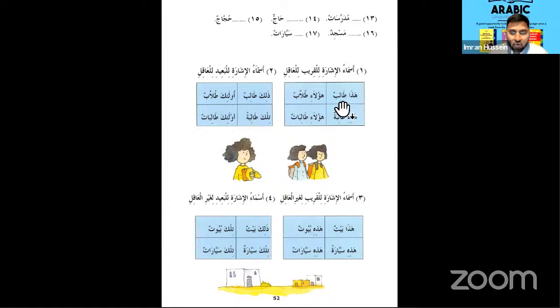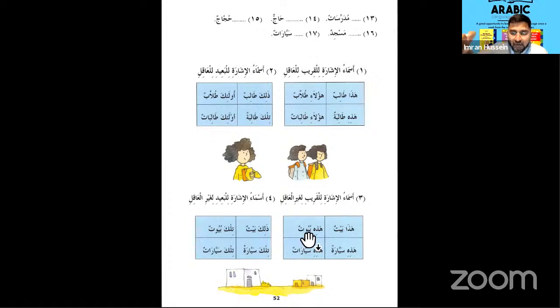When we did the plural of talibun, it was tullabun, and we use haulai tullabun, these are students. But when we make the plural of baytun to buyutun, we will not use haulai, but hadihi. Hadihi buyutun.